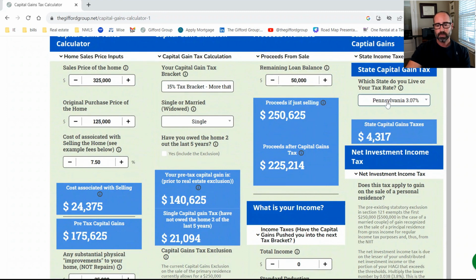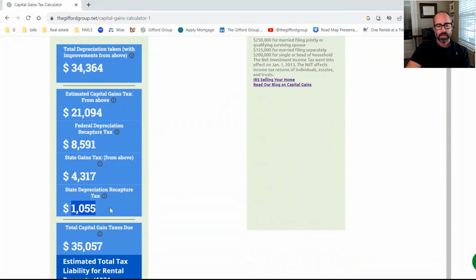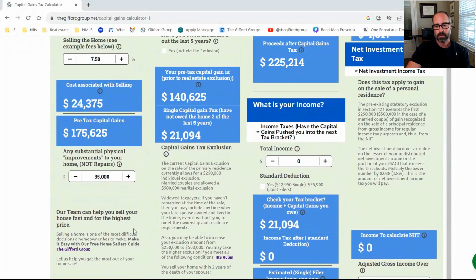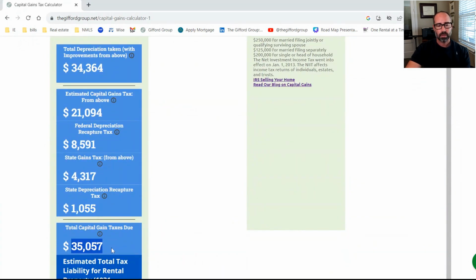It's usually defaulted to Texas, but I just wanted to have something there. So Pennsylvania says 3%. So there's a 3% there, and then we have the recapture on the state depreciation as well. If it's in a state like Texas, it'll just be zero. And then this is our total capital gains due.